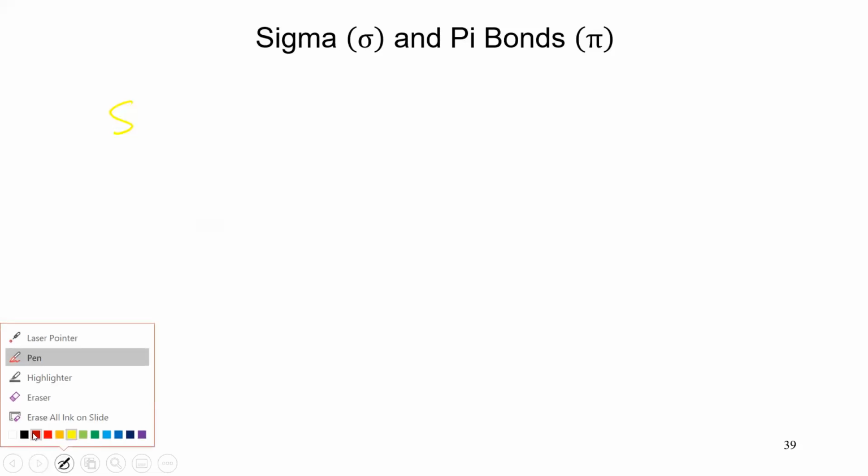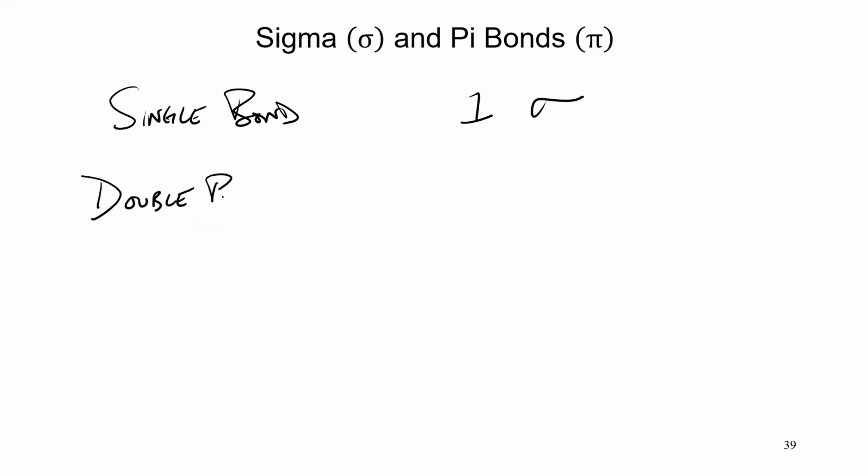And so a single bond, oops, let me get out of yellow because you'll never see that. A single bond is just 1 sigma. A double is 1 sigma and 1 pi.